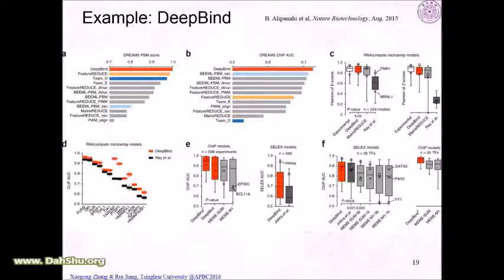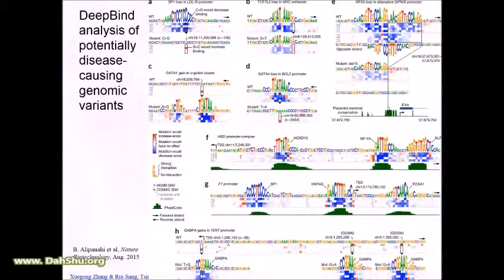And these pictures show that they evaluated the method comparing with some other methods. Of course, their method in red is the best one. I will skip this. Basically, their method gives a full prediction of all various kinds of motifs.